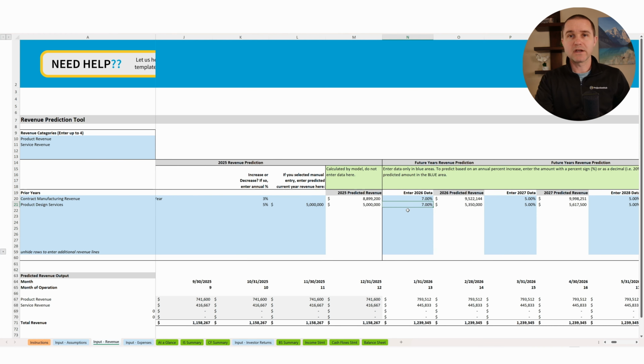So if you put in a smaller number, the model is going to automatically default to a percentage. But if I put in 5,500,000, or 55 million, that's not really what I meant to do, but 5,500,000 is going to realize that you don't intend that to be a percentage. And so it's going to automatically assume, okay, that's a dollar amount and that should be the predicted revenue.